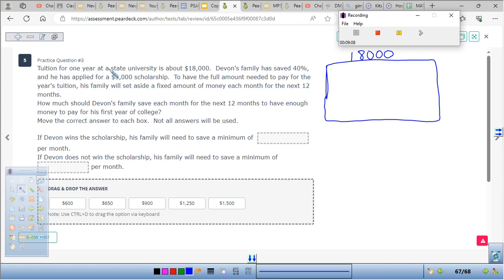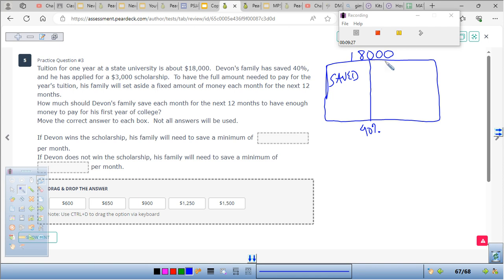Okay, so the tuition for one year at the state university is about $18,000. They have saved 40% of that. We're going to go about 40% here. This is what they've saved already before, and they have applied for a $3,000 scholarship.